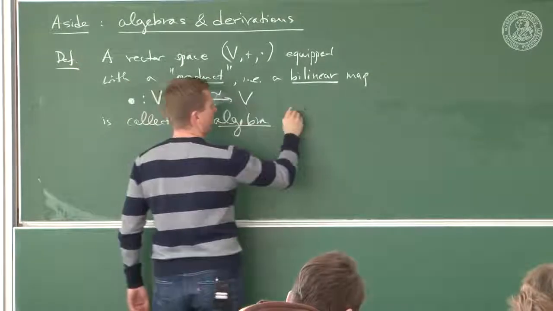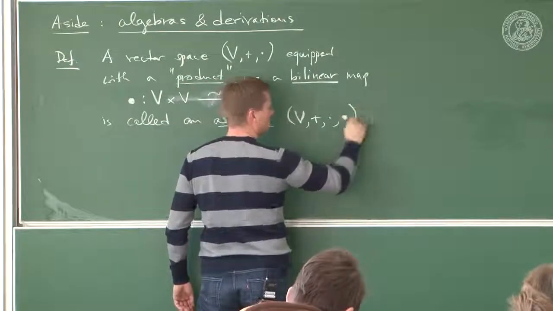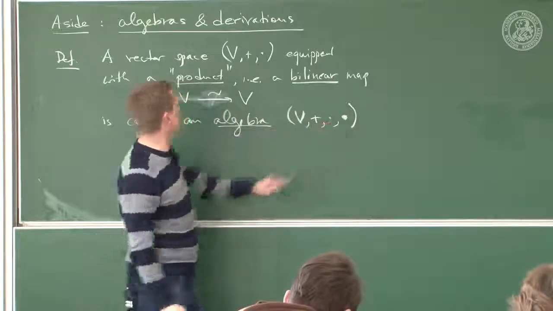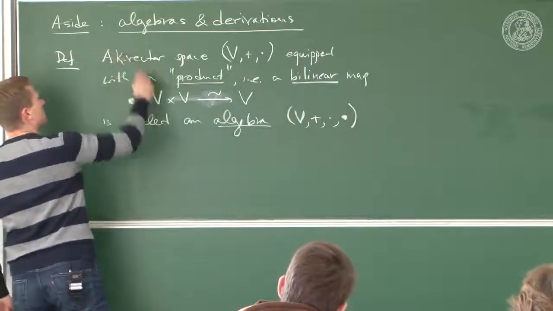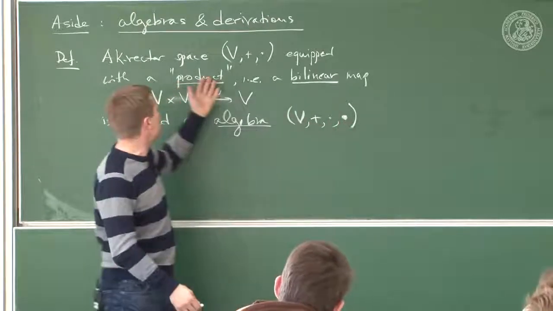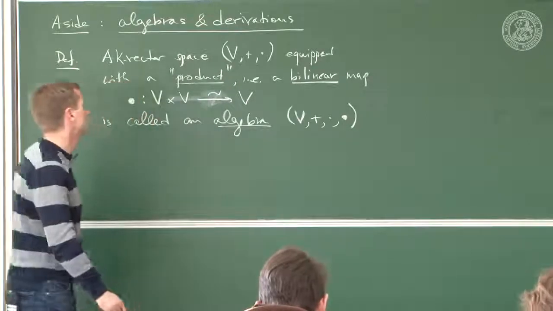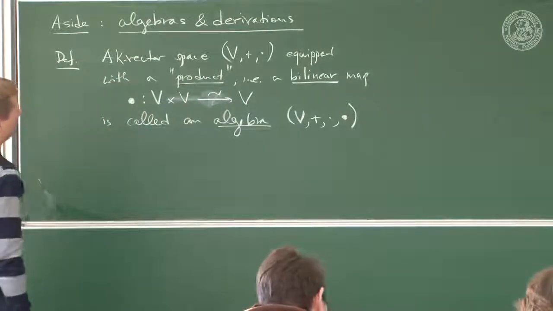An algebra is therefore a quadruple, where you don't only have the scalar multiplication with respect to the underlying field, but you also have a product between the elements of the vector space. This is an algebra.